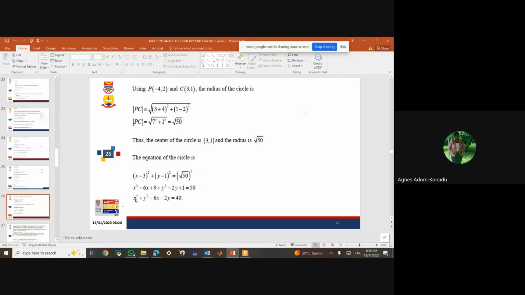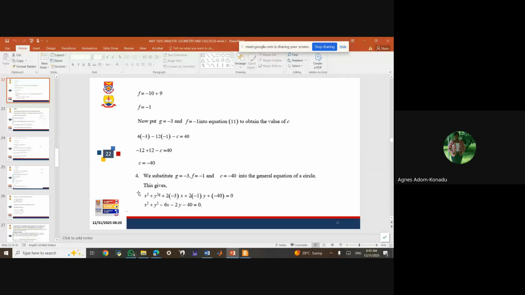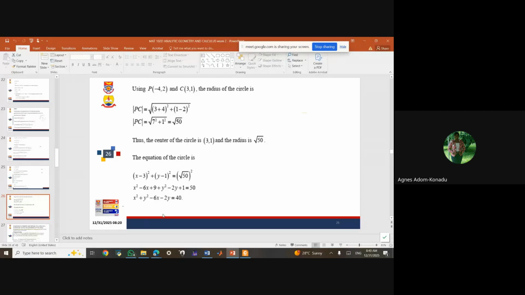You simplify, and you get x squared plus y squared minus 6x minus 2y equal to 40. We can see that this is the same as when you use the first method, so you can use any of the two to get the same solution.